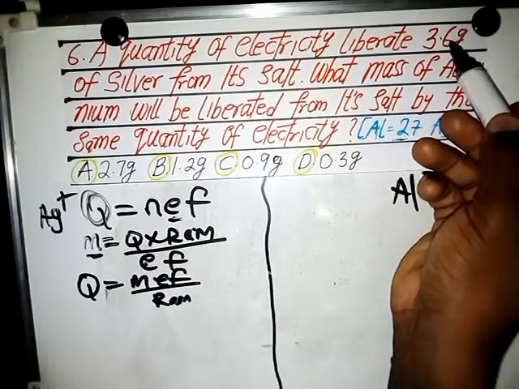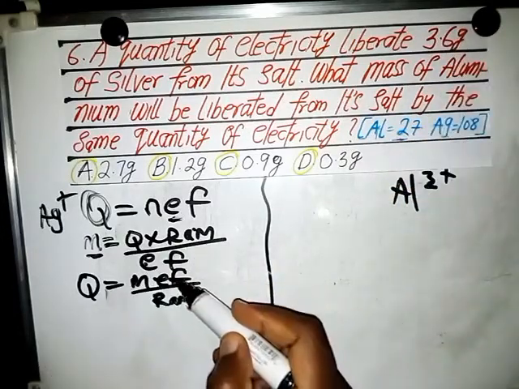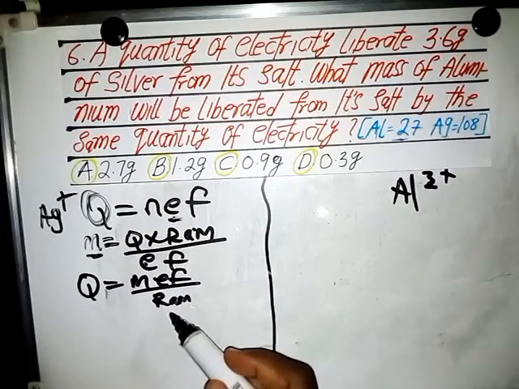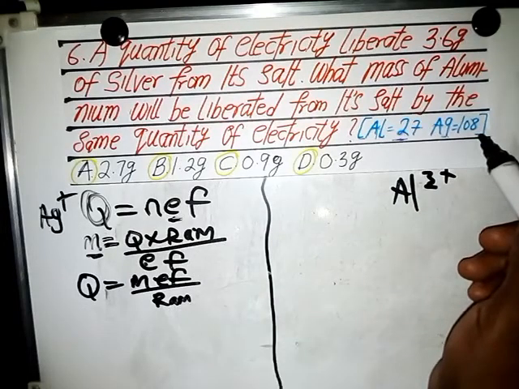M is 3.6, E is 1, F is 96500, RAM for silver, atomic mass, is 108.